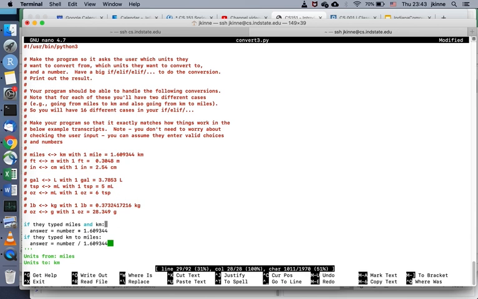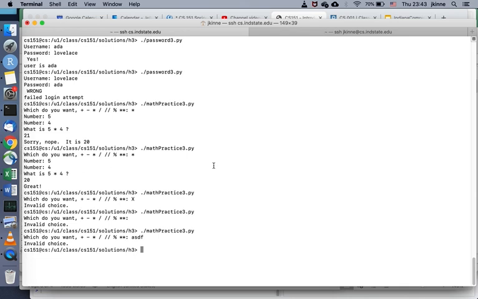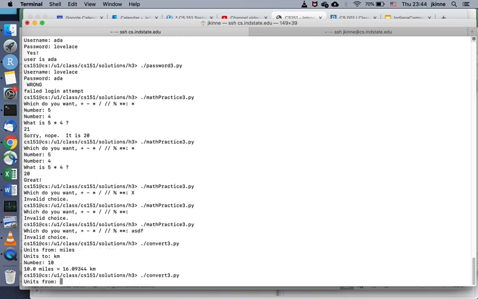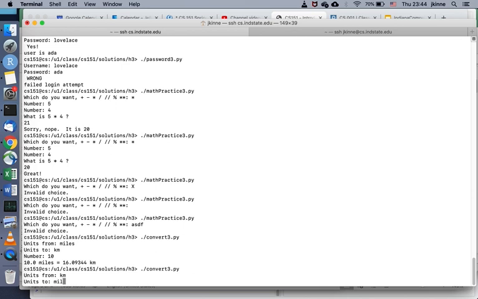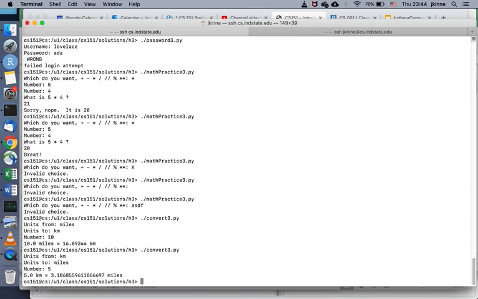There's an outline for this one as well. Let's run the program first. This is convert. So I want to convert from miles to kilometers. That's 2 input statements. And then I give a number. And there it is. 5 kilometers is 3.10 that stuff miles.